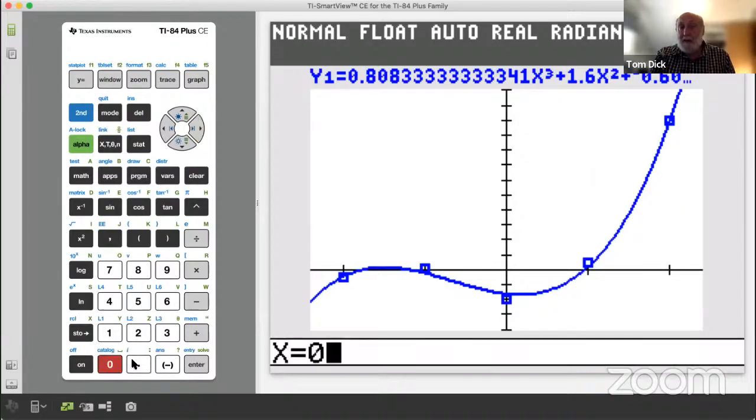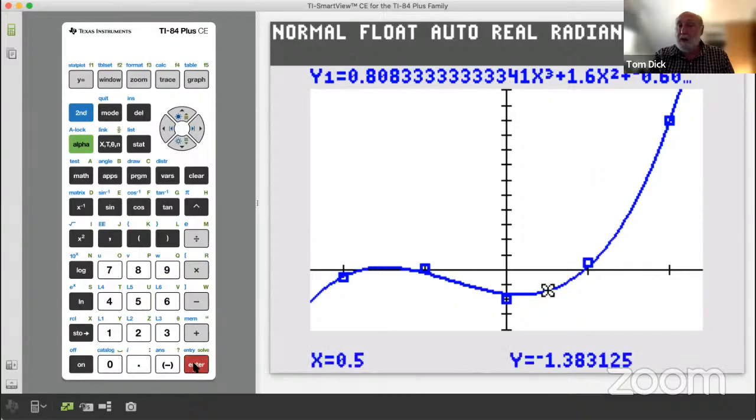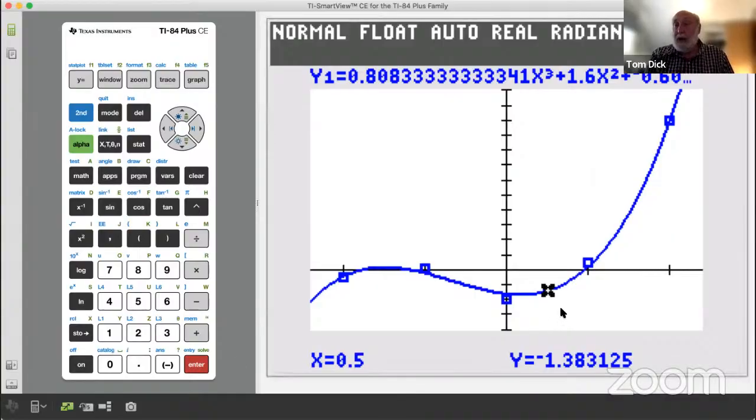So I'm going to type in 0.5 because this is the value we're interested in what we got here. And there it is, negative 1.383 was the predicted value. So if we had a new data x value at 0.5, this is what our model would predict for the corresponding output value.